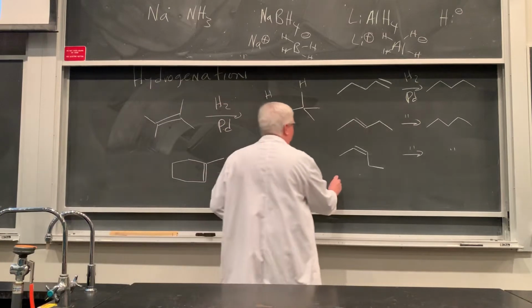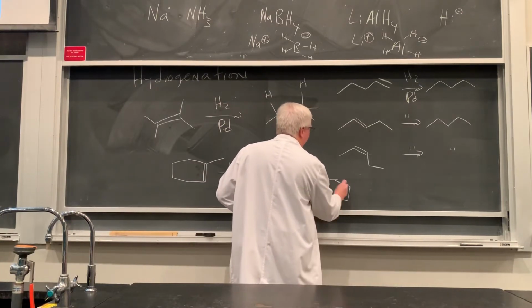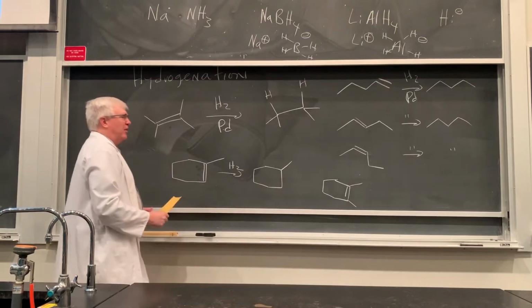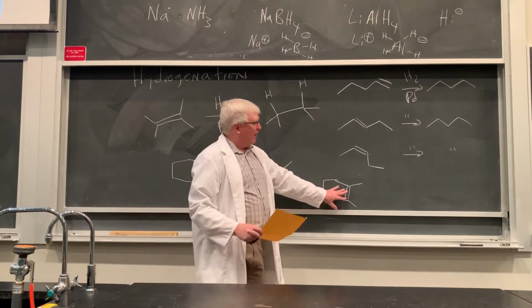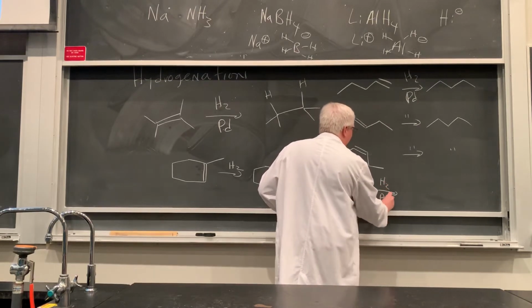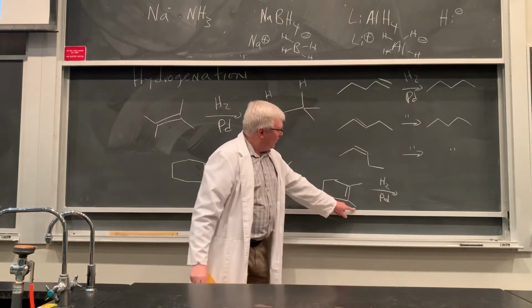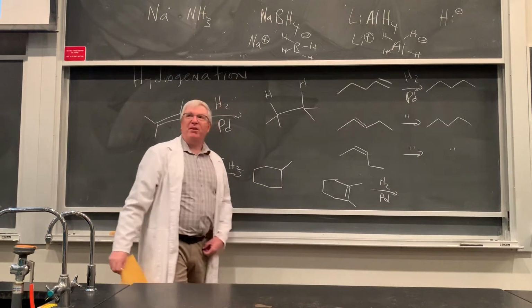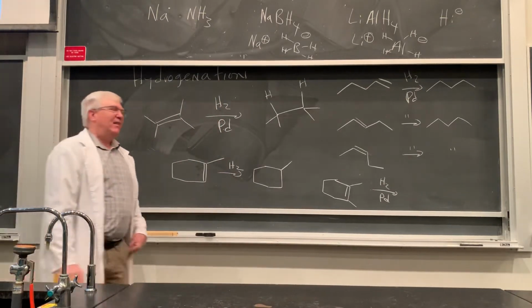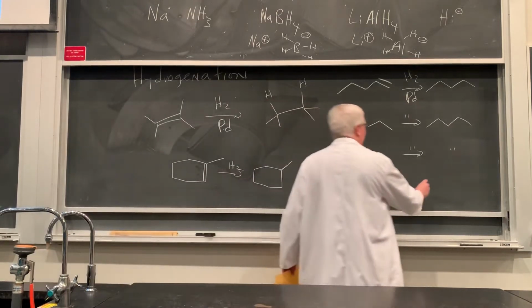Let's see another example. Here, if we have an alkene with four carbons on it, a tetrasubstituted alkene, and it's cyclic here, now we can track what? The stereochemistry. Where do the two methyl groups end up? Do they end up cis or trans to each other, the product? And this is kind of an indication of the mechanism.